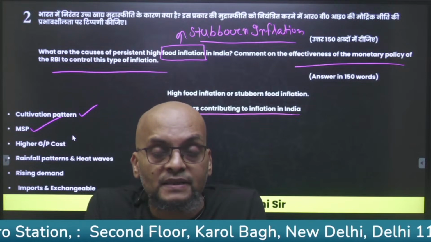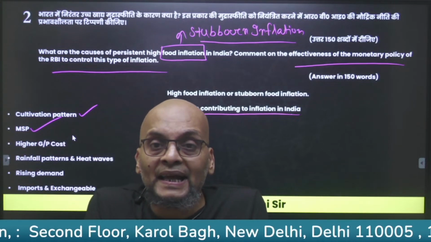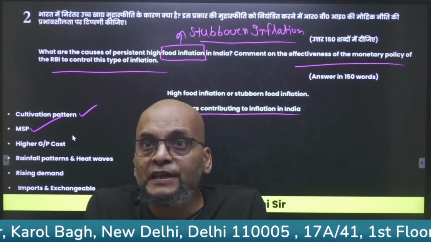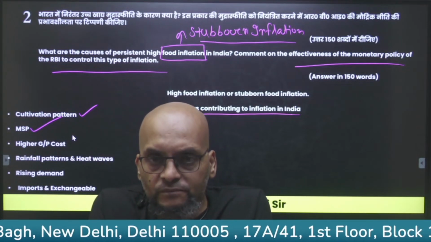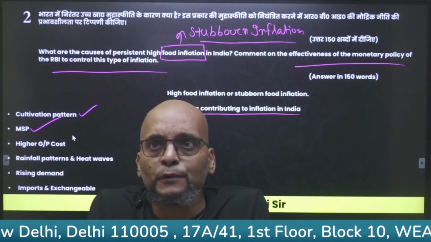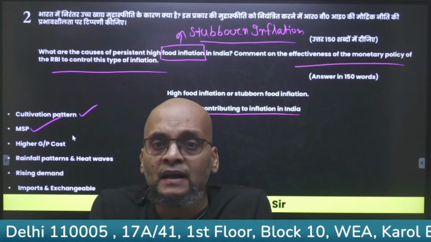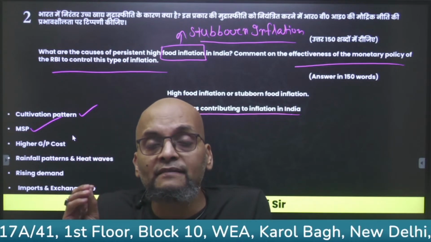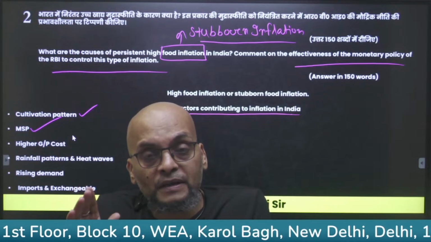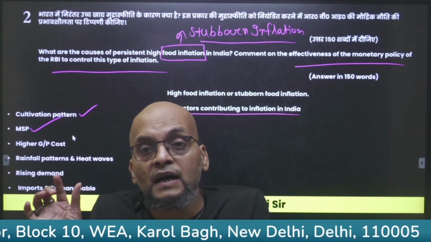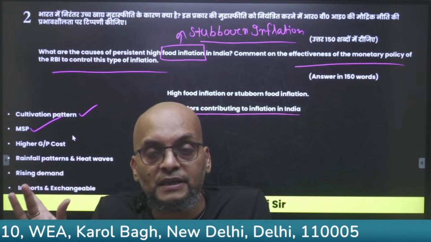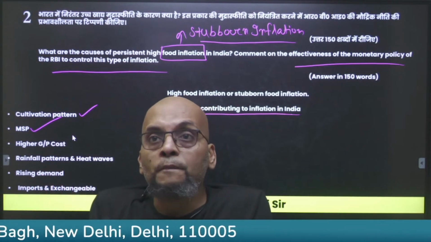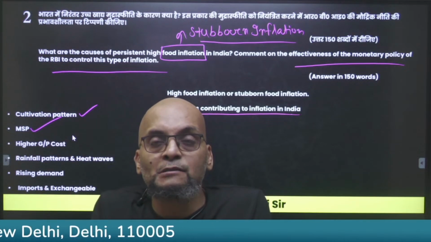They actually want a written guarantee from government that if their produce is not purchased in the market, or is purchased at a lower rate, then government will purchase all the produce from the farmers at this particular price called minimum support price. So see guys, there are several crops for which government is giving MSP.